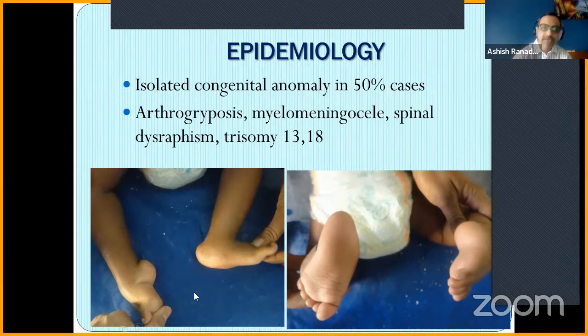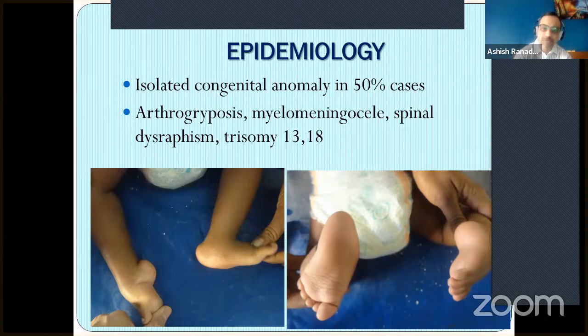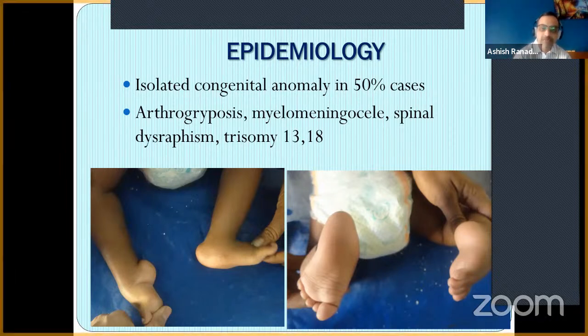Interestingly, I treated this child who had club foot on one side and congenital vertical talus on the other. I could not find anything. He had MRI of the spine and brain and was seen by neurologists, but nothing was found. So sometimes it is possible, but have a very high index of suspicion and make sure that you are identifying the neuromuscular cause while treating a child with congenital vertical talus.